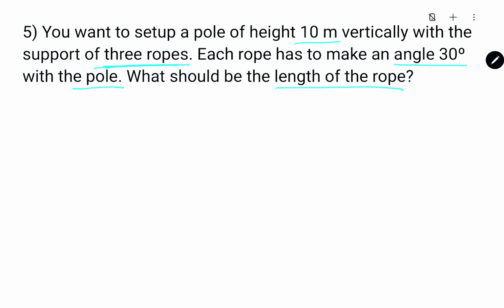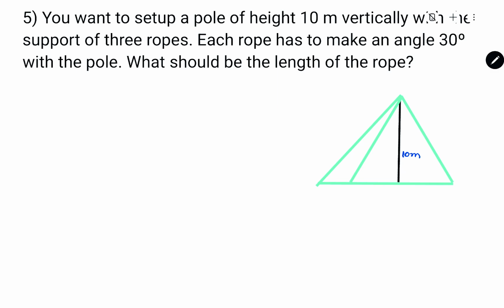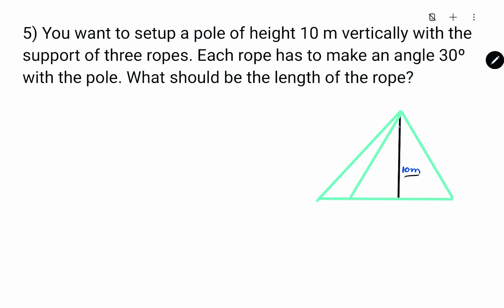So now we draw a figure from the given question. This is the length of the pole, 10 meters. It is supported by 3 ropes. These 3 ropes are of equal length, so we take this one rope to solve the problem.